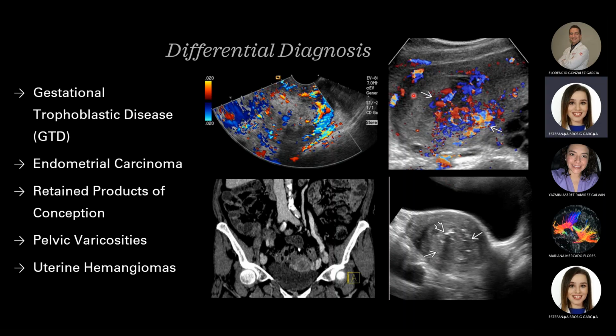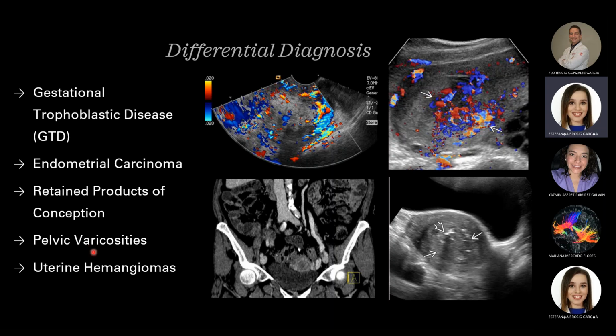We have an ultrasound image on Doppler examination which reveals augmented vascularity in the uterus, and this was consistent with retained products of conception in the endometrial cavity with internal vascularity on color Doppler. It's an important differential diagnosis. And another one is pelvic varicosities.